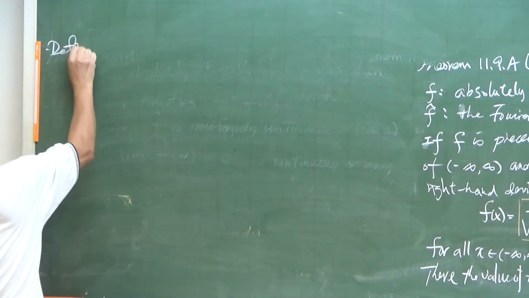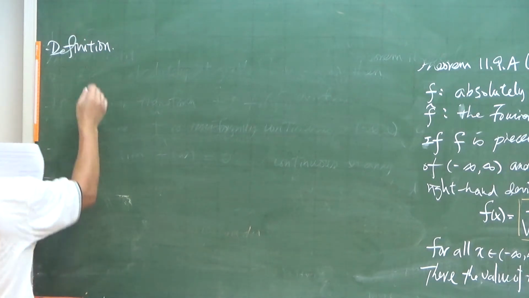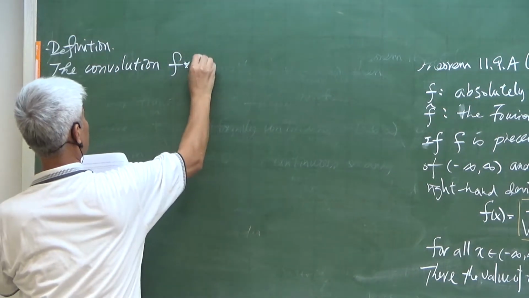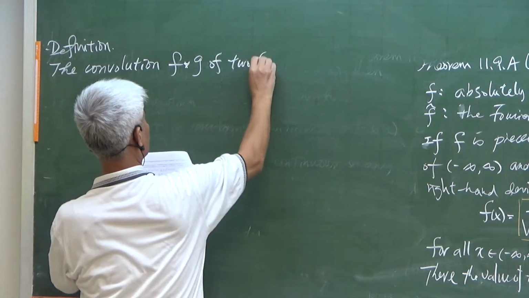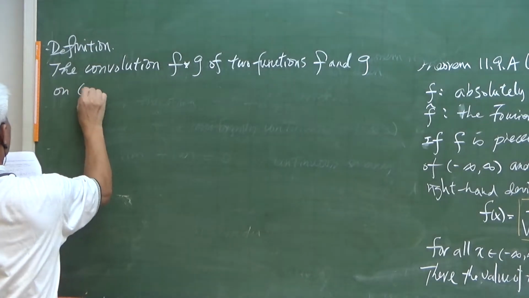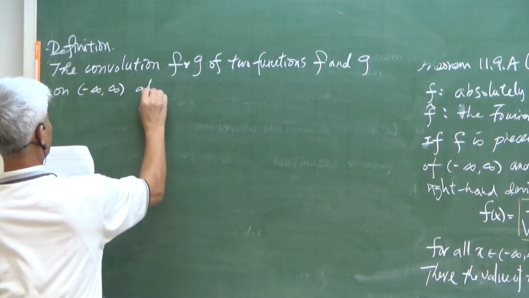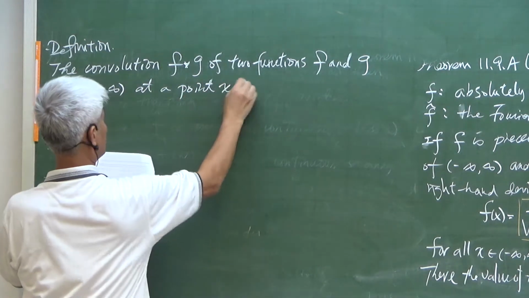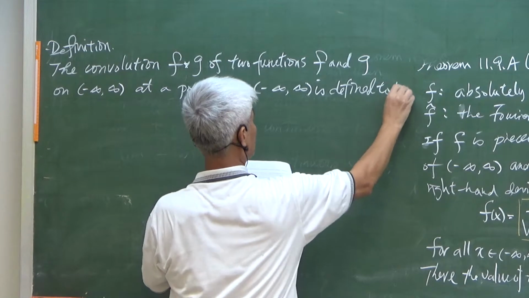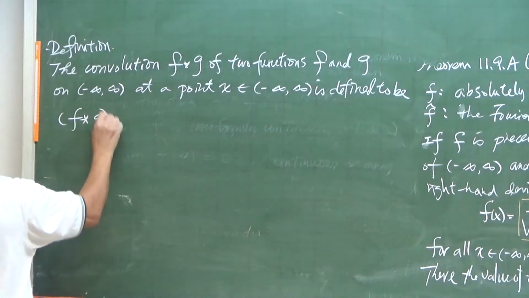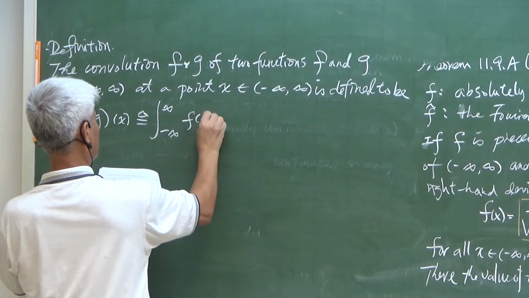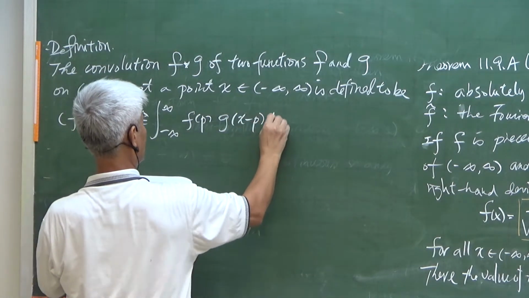So now, the definition. The convolution, denoted by f star g, of two functions f and g on the whole real line at a point x in the whole real line is defined to be the integral of f of p times g of x minus p dp.